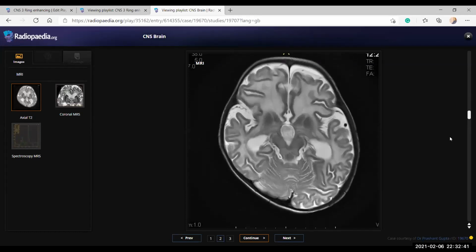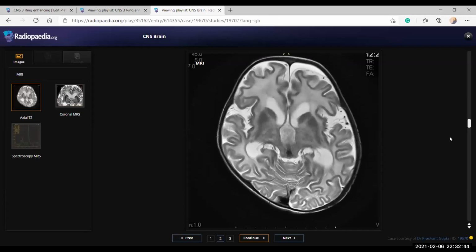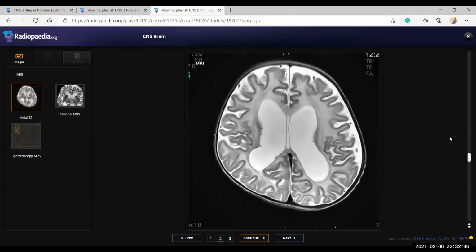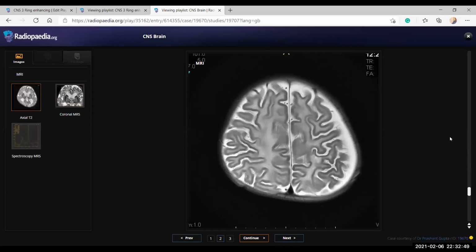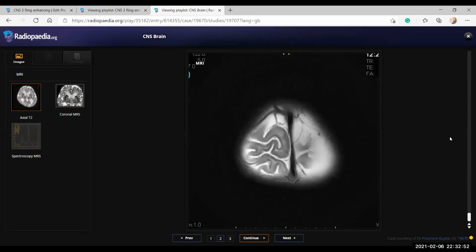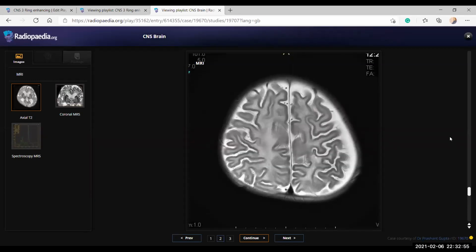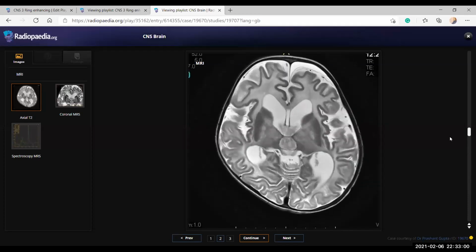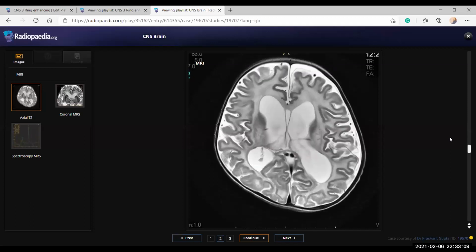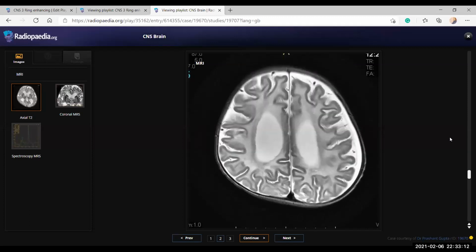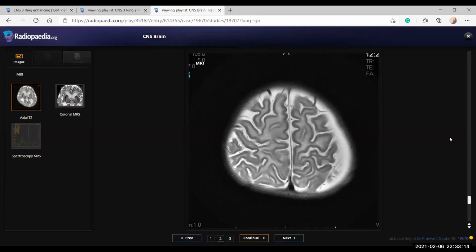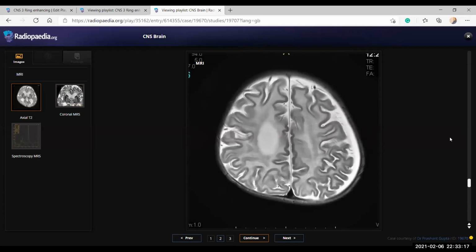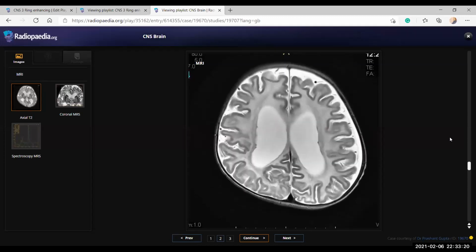I can see there are bilateral, more or less symmetrical, abnormal subcortical white matter abnormalities seen diffusely involving the frontal, parietal, and occipital regions. Also, I can see there is involvement of the subcortical U-fibers. There is associated atrophic change with ventriculomegaly and prominent cortical sulci.